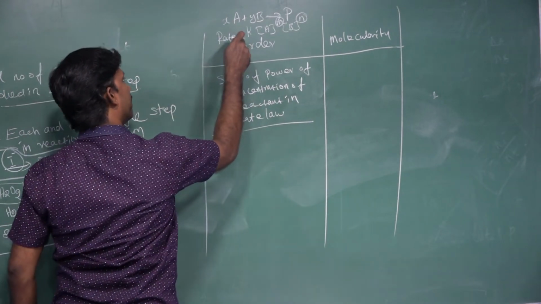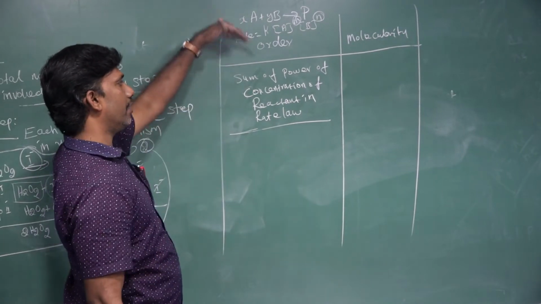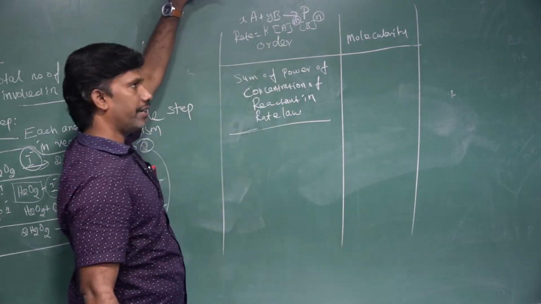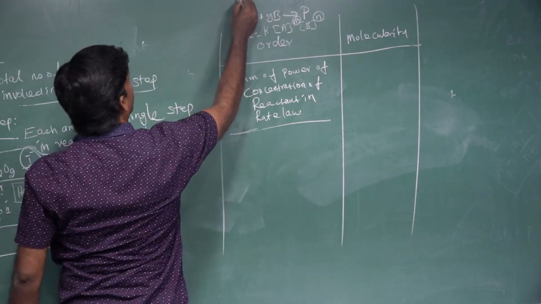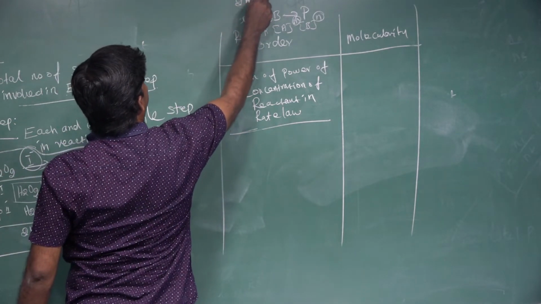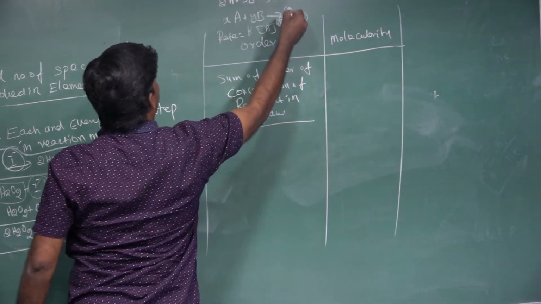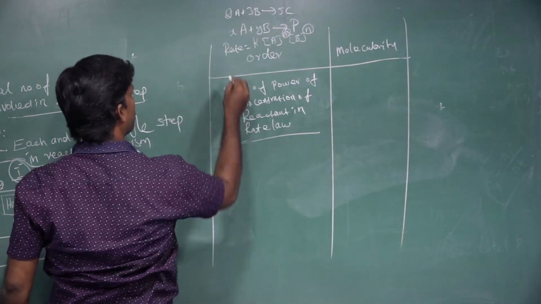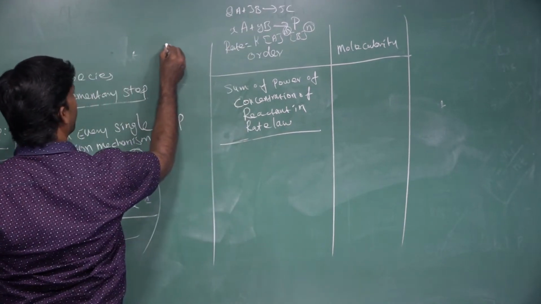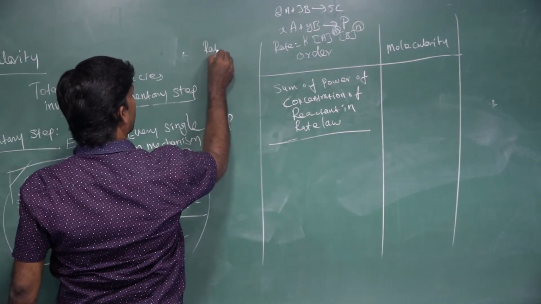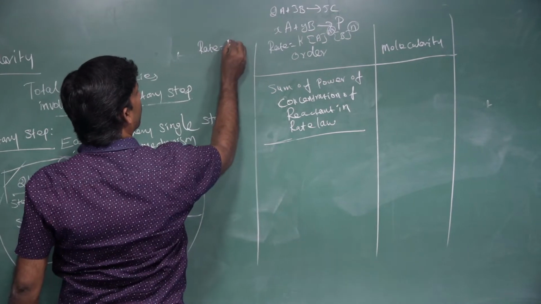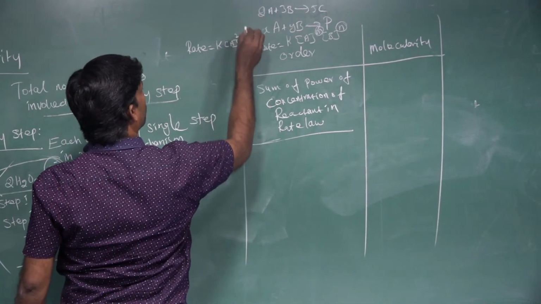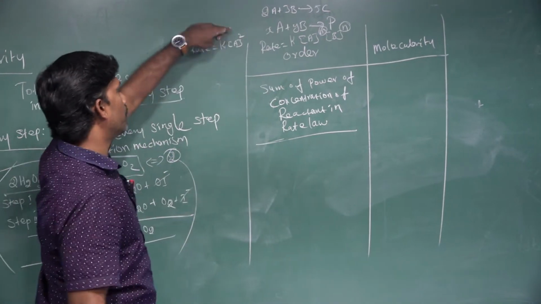And it is the experimental rate law, the determined rate law. Why am I mentioning experimental data? It cannot be given by stoichiometry. For example, if I say 2A plus 3B gives 5C, and then write the rate expression, rate equals K concentration of A, you cannot simply write power 2.